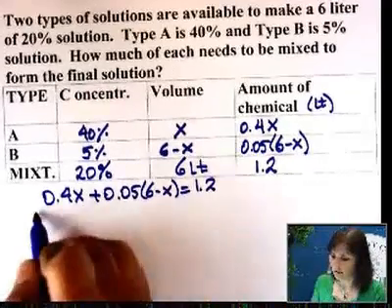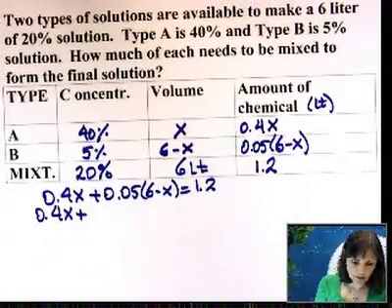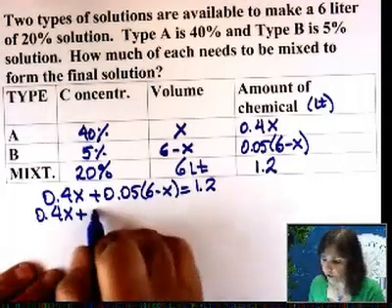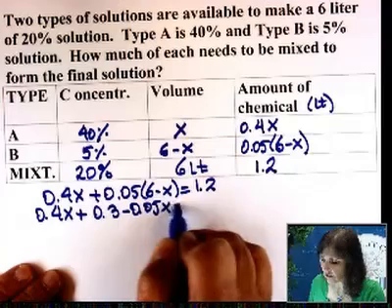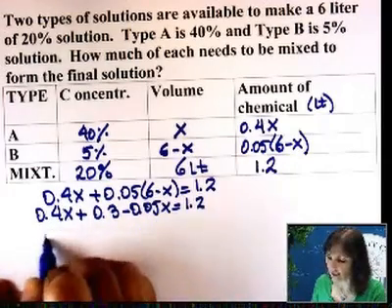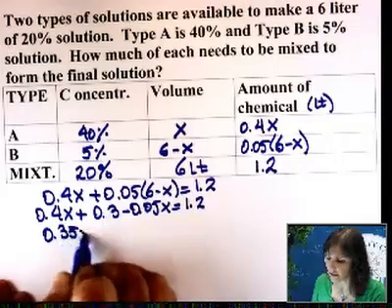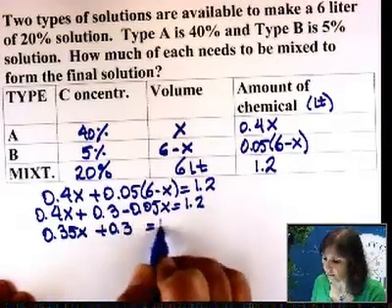Work it out. 0.4x plus 0.05 times 6 is 0.3 minus 0.05x equals 1.2. Let's put this together. So that's 0.35x from these two plus 0.3 equals 1.2.